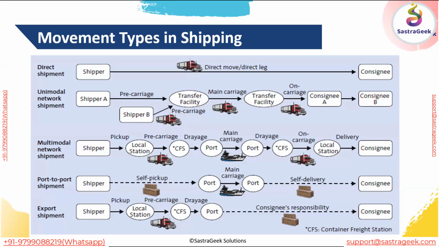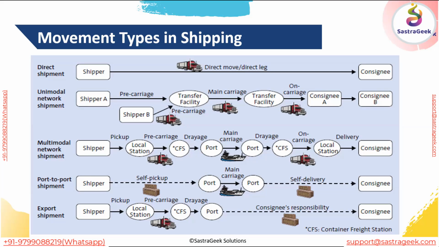So pickup is generally from a shipper's location. It comes to a CFS, or sometimes from one pickup it goes to a local station, and from the local station it goes to the CFS or the port. So this is the starting point for our transport.